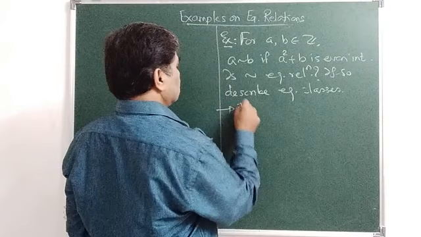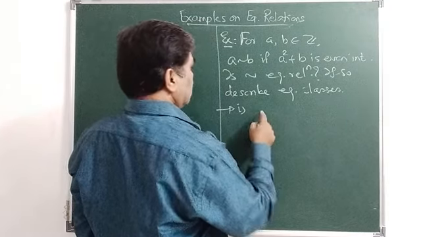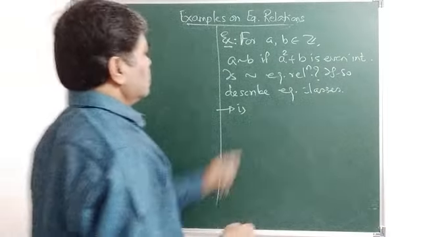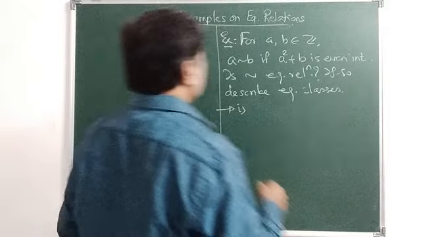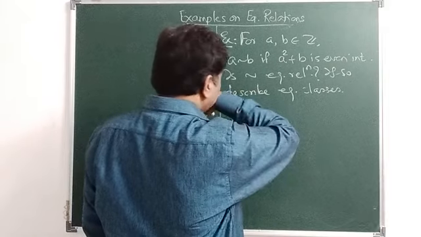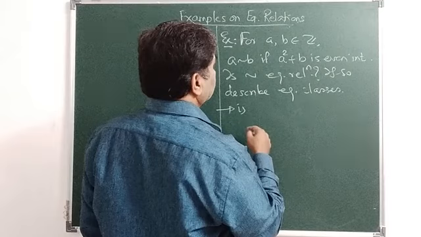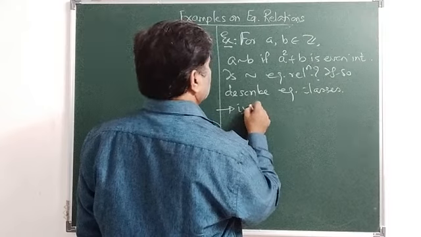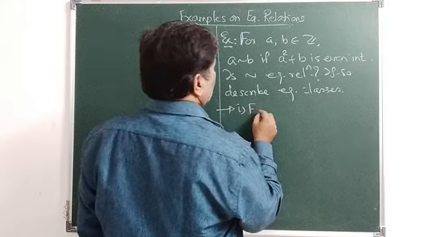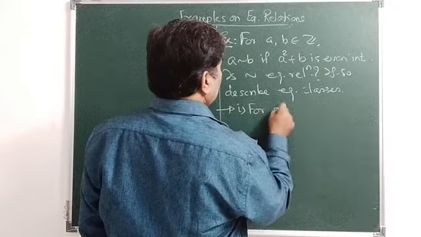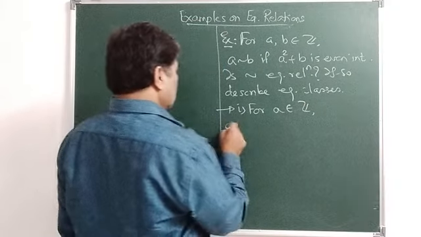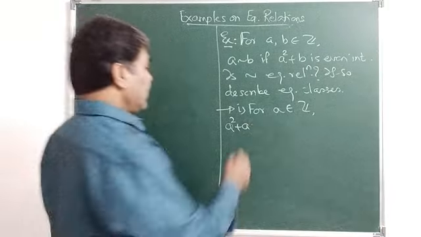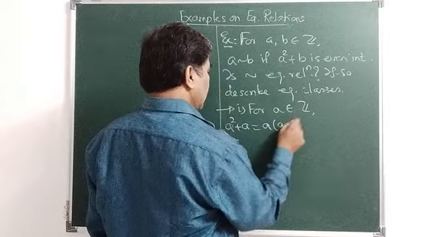So first, for a belongs to Z, a square plus a, I can write this as a into a plus 1.